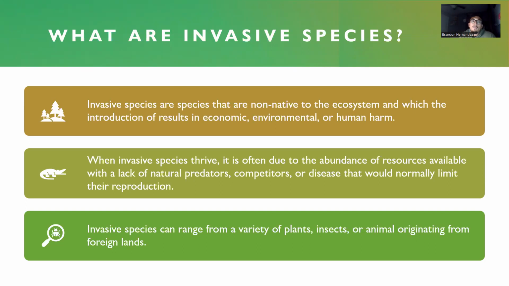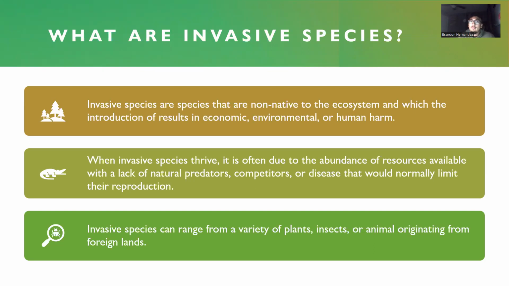When invasive species thrive, it is often due to the abundance of resources available, with a lack of natural predators, competitors, or disease that would normally limit their reproduction. So this is essentially what makes a species an invasive species. A quick stat: only 15% of the species introduced to a new land actually become invasive, due to how different the environment can be.